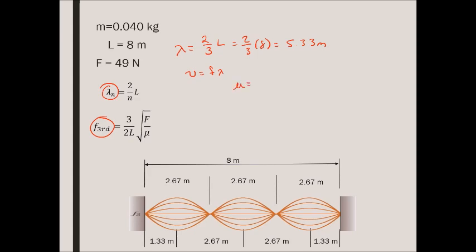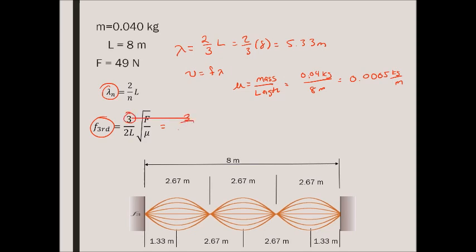But first we need mu, which is equal to our mass over our length. That gives us 0.04 kilograms divided by 8 meters, which gives us a linear density of 0.005 kilograms per meter. And I can use that in this equation to find the third harmonic. Again, this was an n, we replaced it with 3.